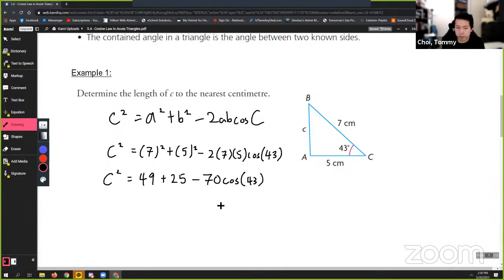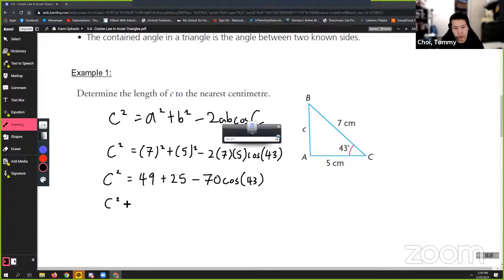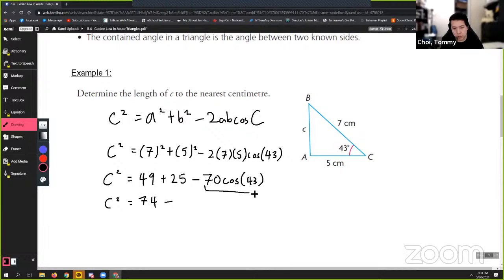Just like that. Now, what we do here, we can combine 49 and 25, and we're going to solve this section here. Okay? So 49 plus 25 is going to be 74. Then I'm going to do minus, and I solve this here.